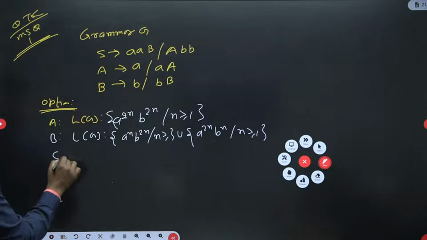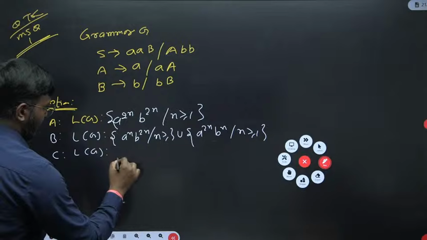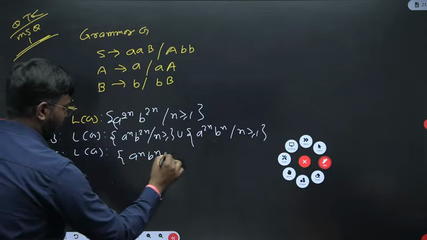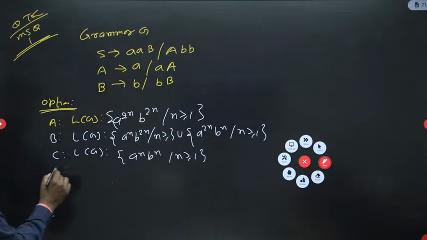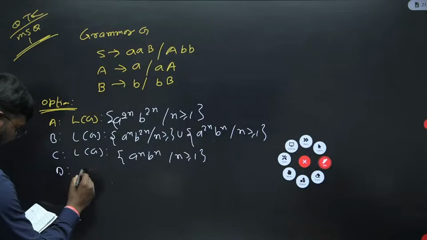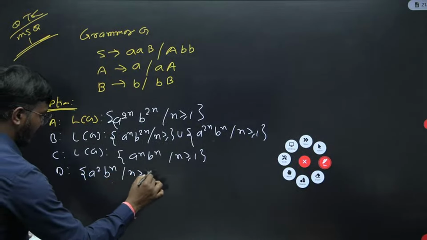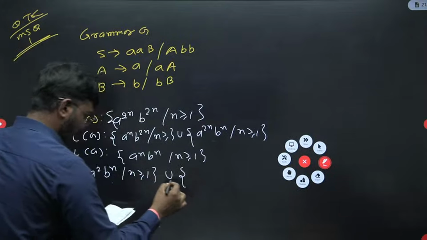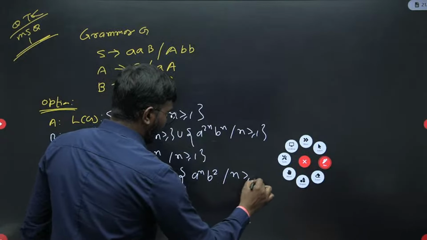Understood? And here C: L of G is a to the power of n, b to the power of n, n greater than or equal to 1. Understood? And this D was a to the power of 2, b to the power of n, n greater than or equal to 1, union a to the power of n, b to the power of 2, n greater than or equal to 1.